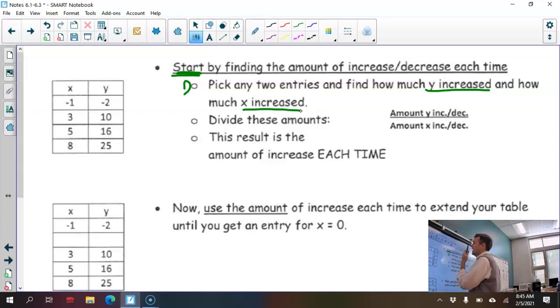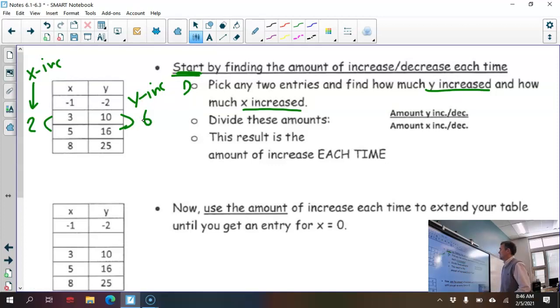I think I'm going to avoid the negatives, and I'm just going to pick these two. And it looks like the X increased by 2. And when the X is increasing by 2, the Y is increasing by 6. Do we see that? So the Y increased by 6, the X increased by 2.